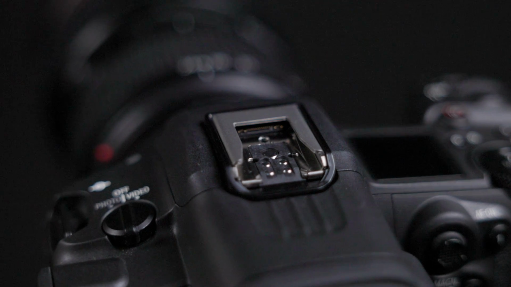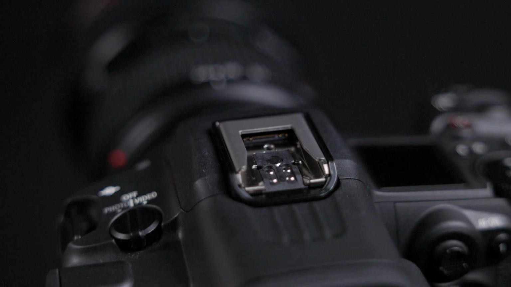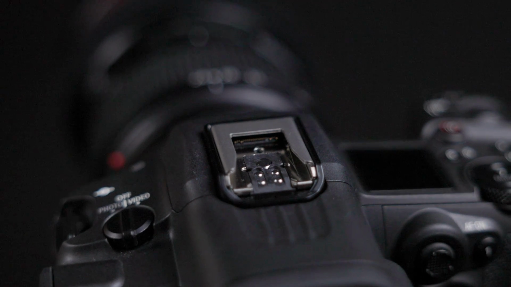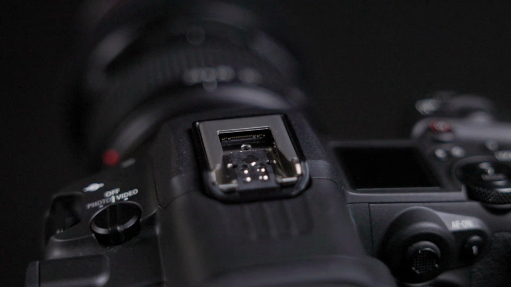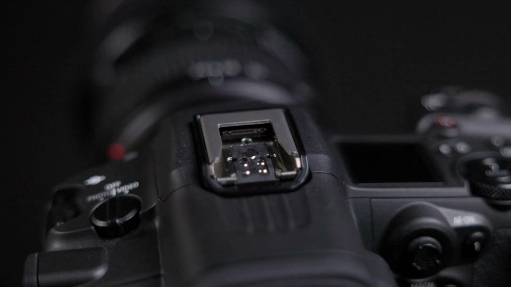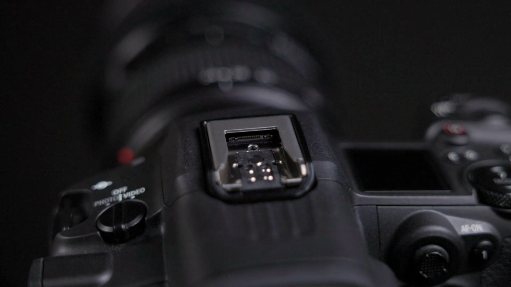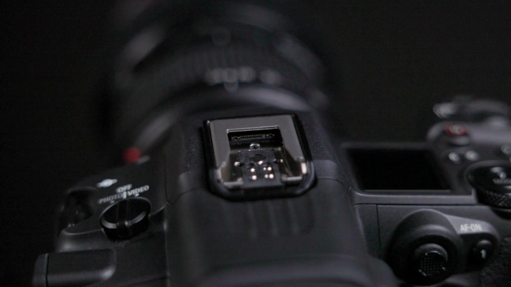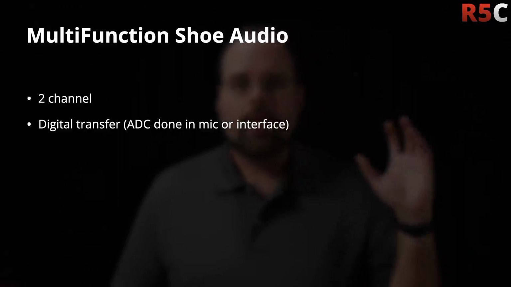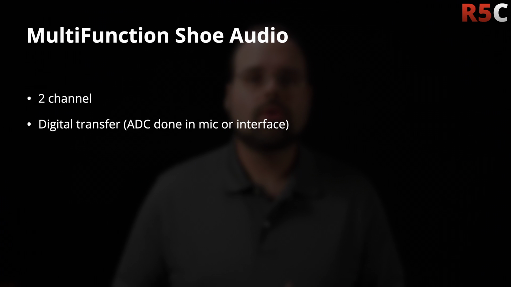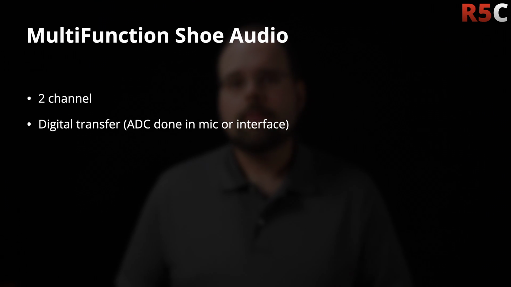So now why do I say that this is potentially the best quality audio that you can feed into your camera? Well, that comes down to the fact that the two audio channels that you do get from the Multifunction shoe are digital, which means that the analog to digital conversion and the amplification that is being done to your microphone source has to be done outside of the camera in the interface that is hooked up to the camera, and the connection between the interface and the camera is digital, so it's not subject to analog interference.